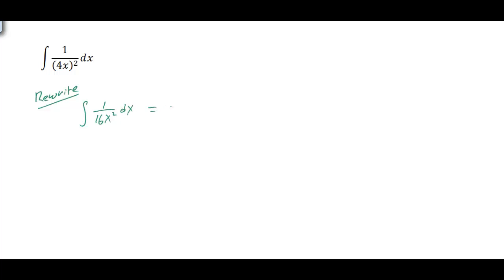And that's because now we could rewrite this as 1 over the 16 stays, because we're not concerned about moving the 16, we only want to move the variable, so that would then move the x to the top, and we would have x to the negative 2. And once again, at this point, we could pull the 1/16 out front, and we're left with x to the negative 2 dx.